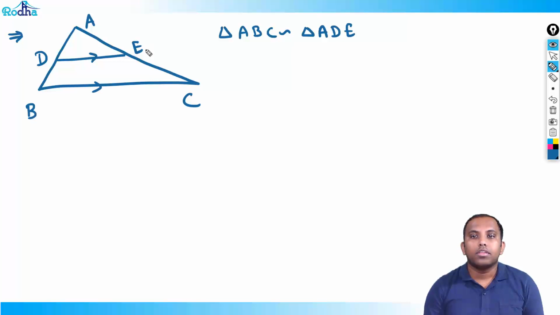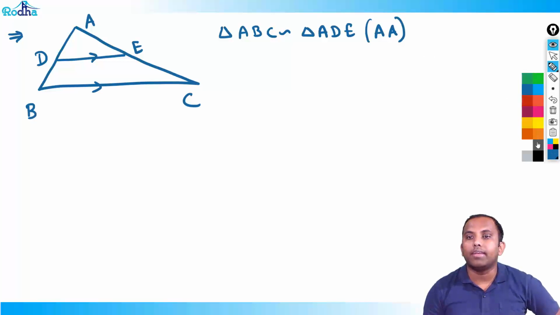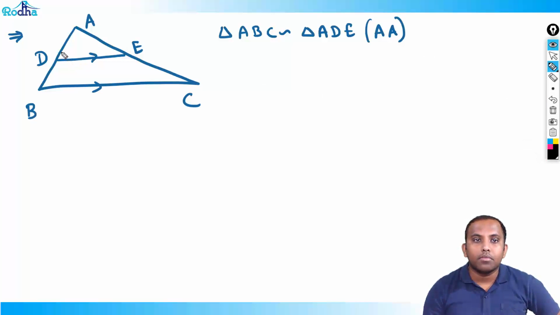Because it is by AA similarity. AA similarity means this angle and this angle are equal, corresponding angles. This is theta, this is phi, and this angle A is the common angle.